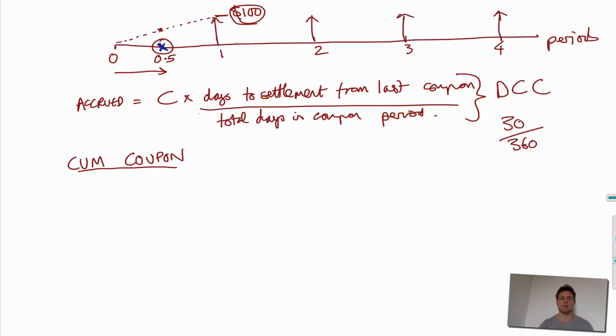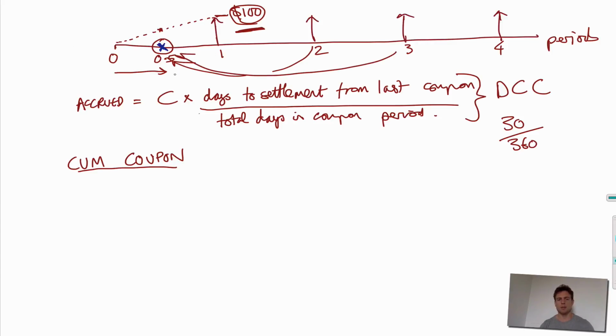What does that mean? That means that the price that the buyer must pay includes the present value of the coupon discounted back to the settlement date of the trade, right? And then obviously all the other cash flows also get discounted back to the settlement date as well, right?